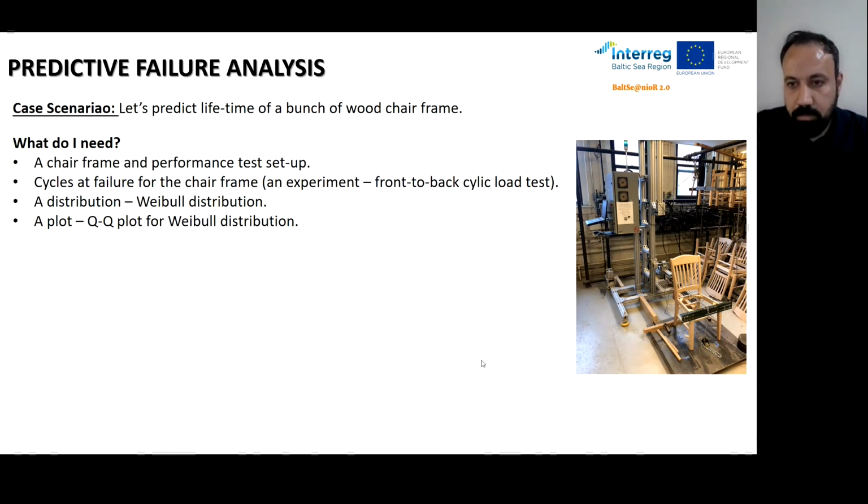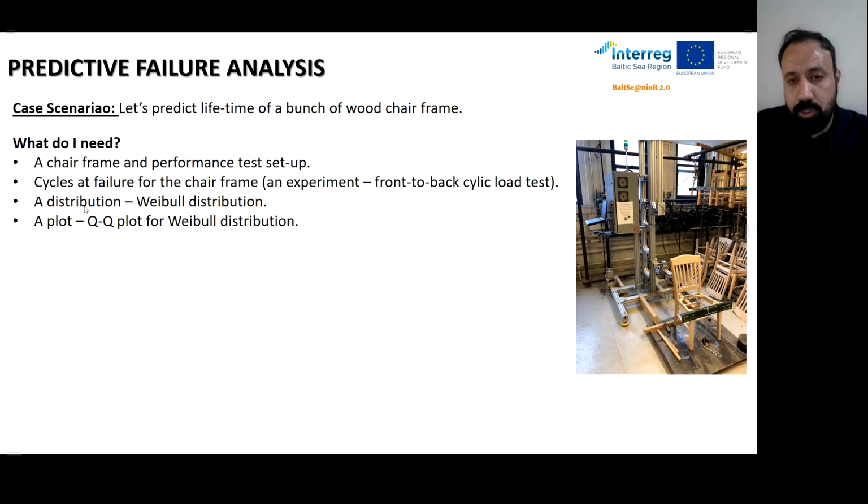I got the chair frame, and according to the type of standard I am using, I set up my test configuration and start the test. Cycles at failure for chair frame, an experiment. I try a front to back cycle load test in this one. It is a simulation of sitting and standing up in real life. And I set up this one.